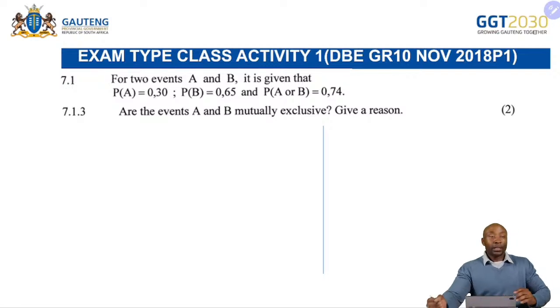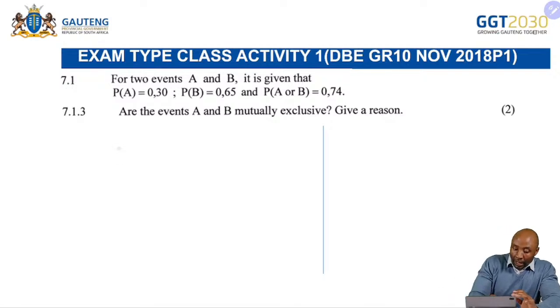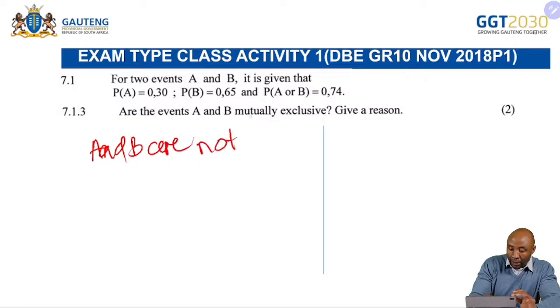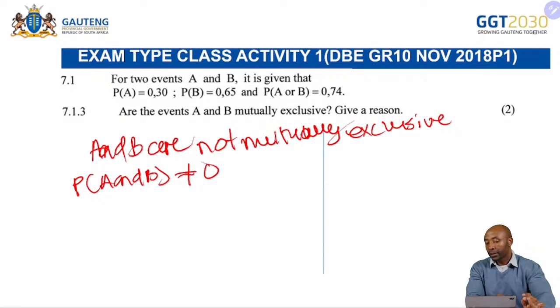This, we have seen it before, and you can see examiners like it. So our answer, A and B are not mutually exclusive. Your reason, it's because the probability of A and B is not equal to 0.